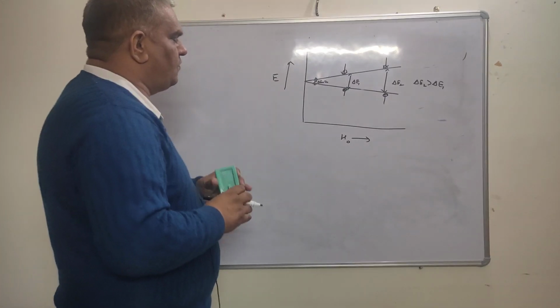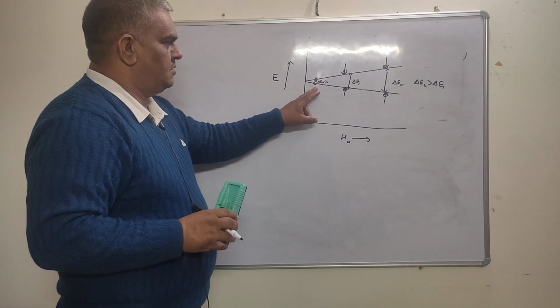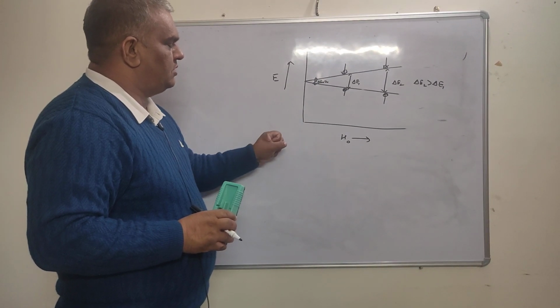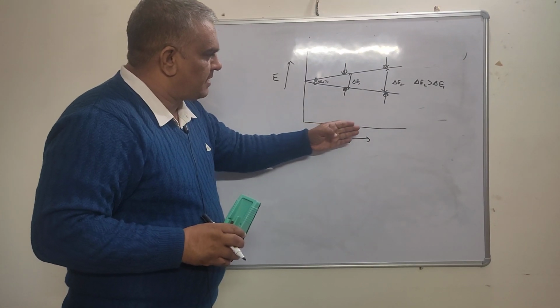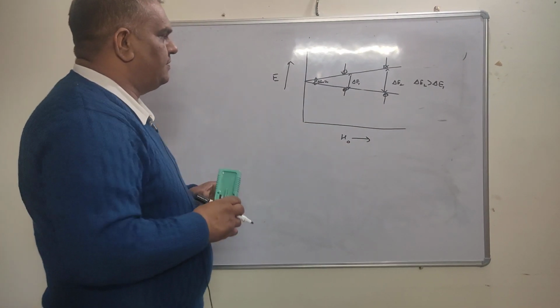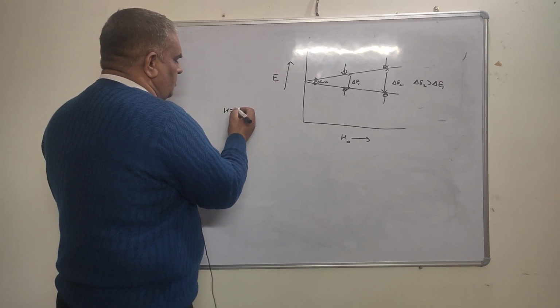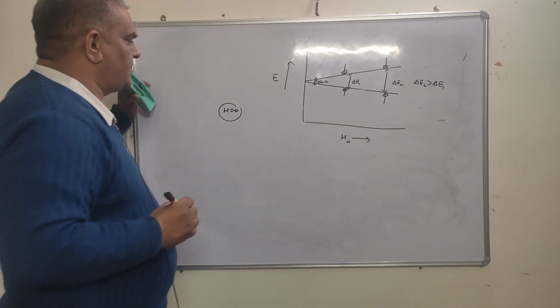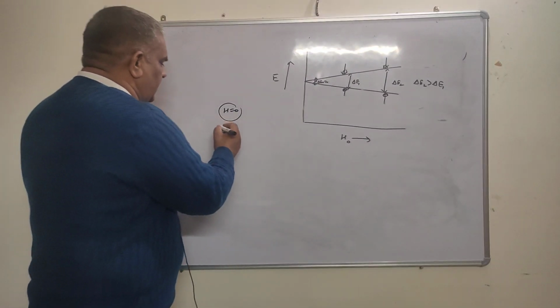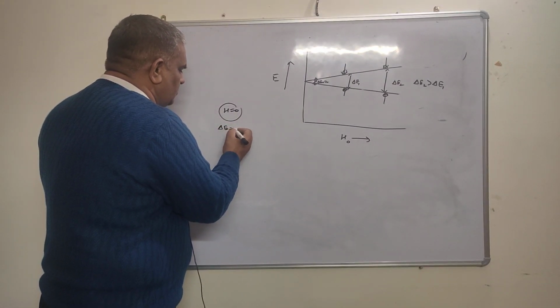The value of delta E is very small, but its magnitude varies with the strength of the applied magnetic field. If there is no field, H equals 0, then delta E equals 0.